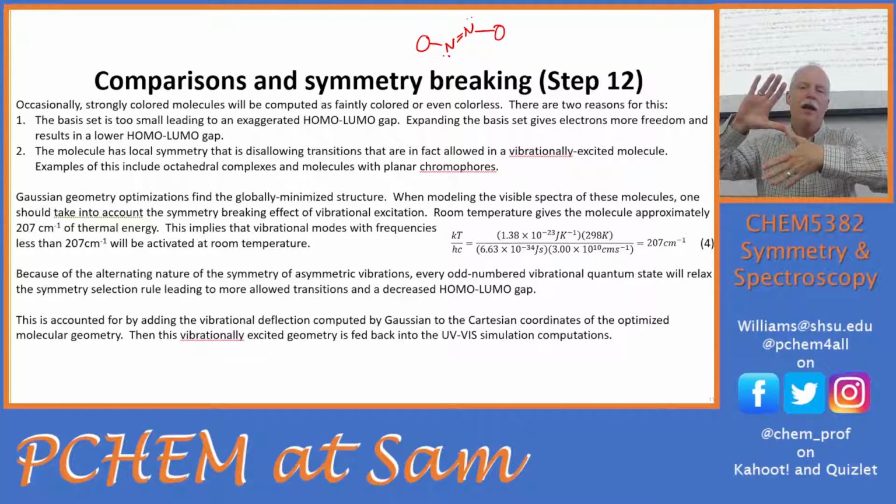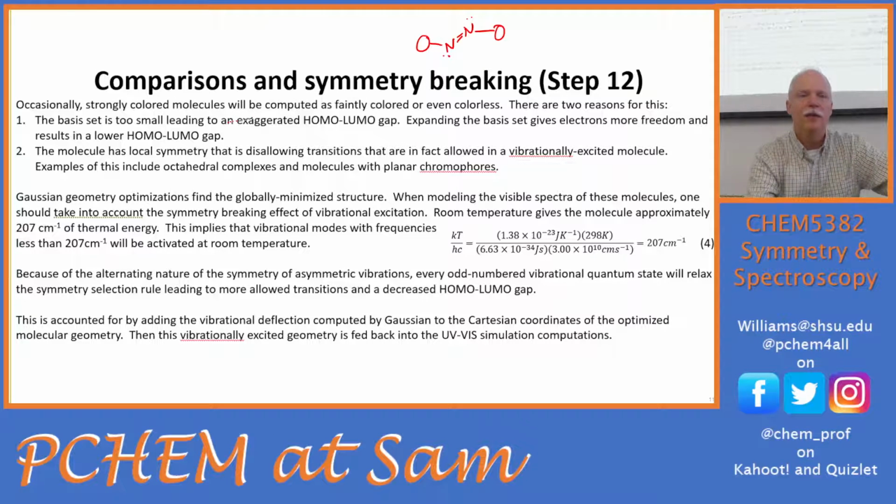And at room temperature, well, you do the calculation, and that vibration is less than 50 wave numbers, really low. And here we have at room temperature 207 wave numbers of energy. So this molecule is oscillating like that quite a bit. And the ground state vibrational wave function is still symmetric. So it's not going to break the symmetry.